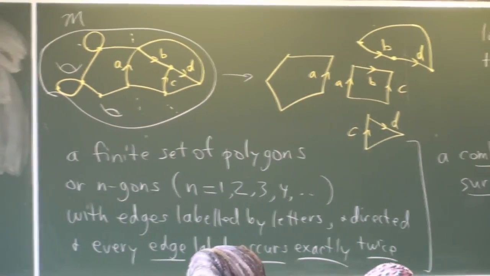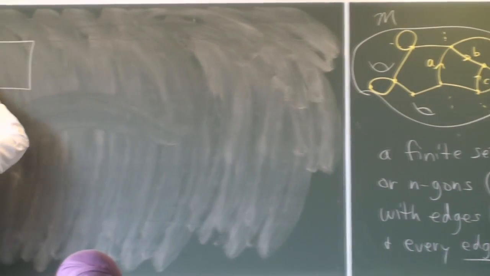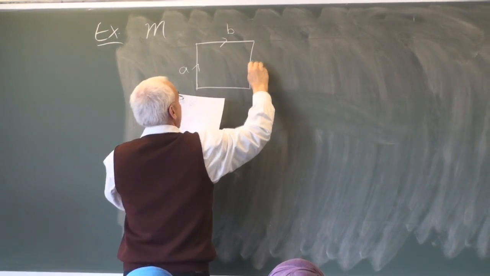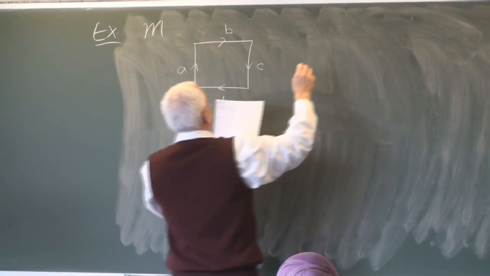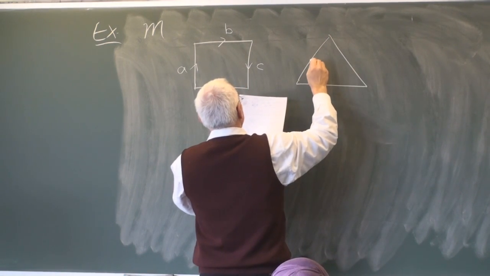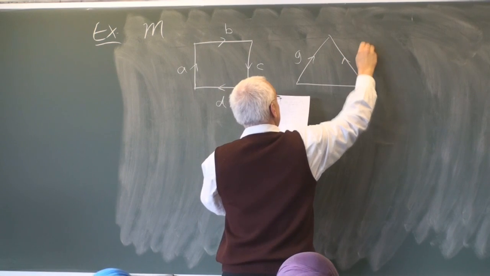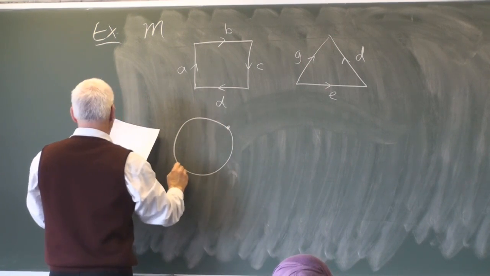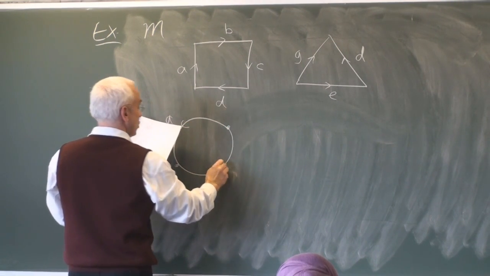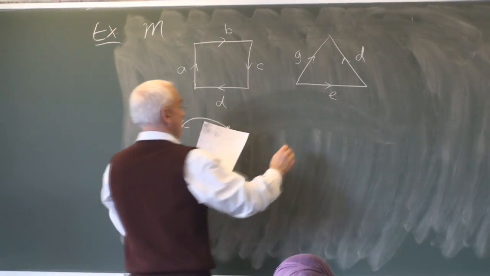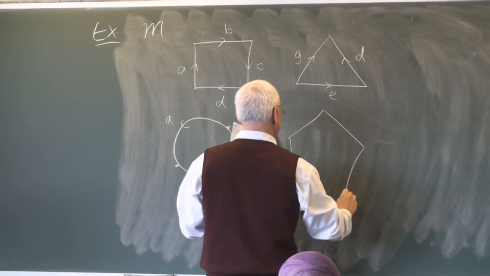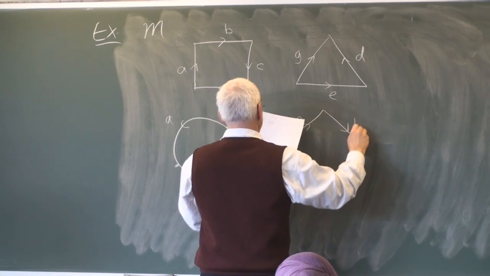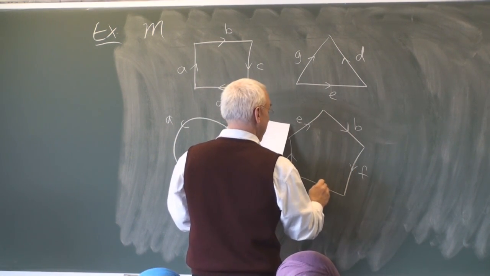Let's create a surface M by having a bunch of polygons: A, B, C, D, and then a triangle, G, D, E, and a two-gon, edges A and G, and a pentagonal one, edges C, E, B, F, and F.